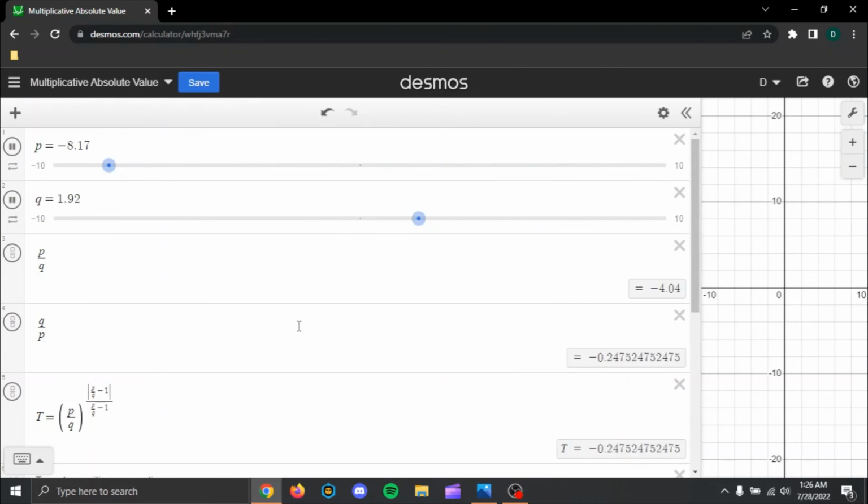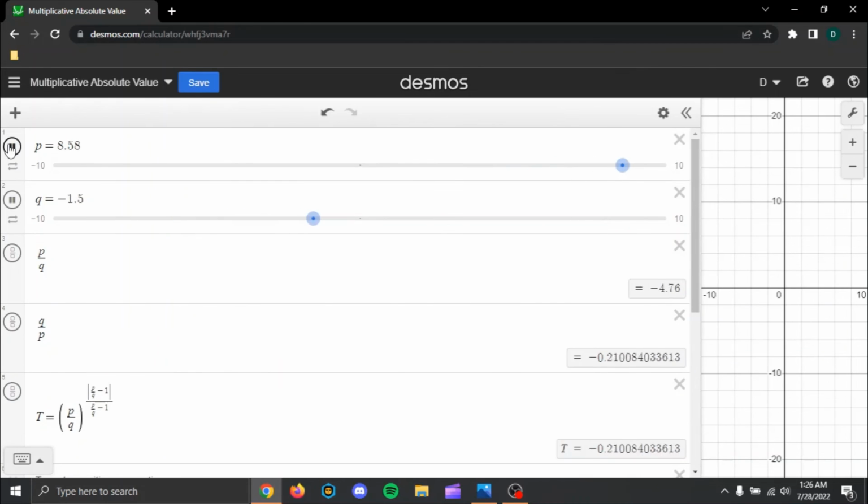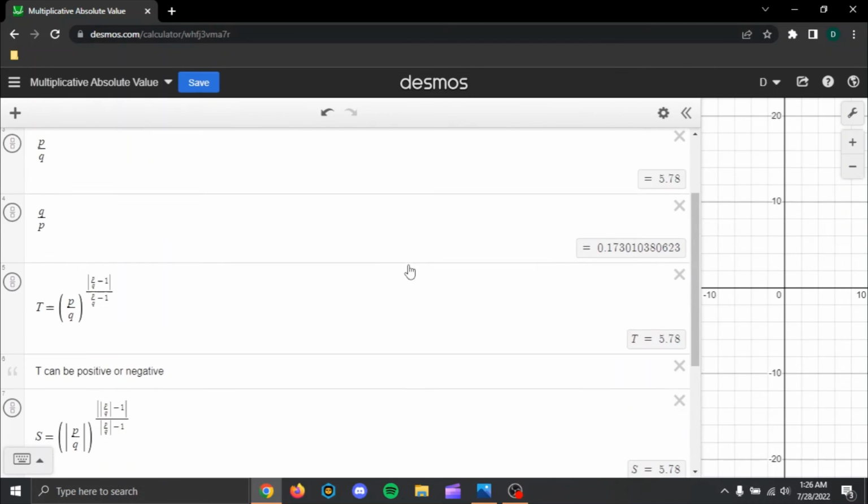So if p and q are both negative or both positive, then p over q is positive. But of course, if one of them is negative and the other is positive, then p over q is negative, and thus you'll see that there's going to be a difference in t minus s. So whenever they're both positive or both negative, t minus s is going to be 0. I just wanted to show this to show how it works for varying values.